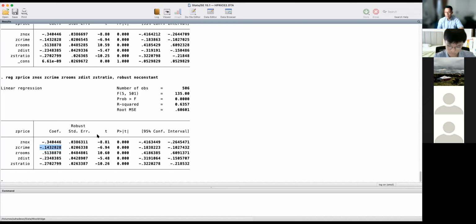Very good. In this regression, the only positive estimated coefficient is for the number of rooms. For the distance, the further the distance to the city center, or in an area where the student-teacher ratio is relatively high, which indicates lower school quality, we have lower house prices as well.